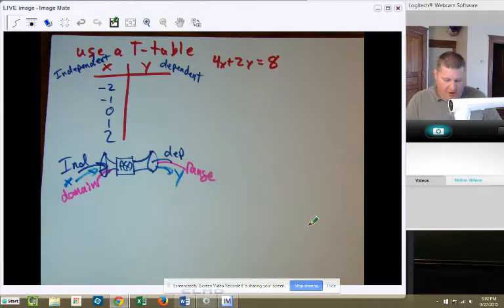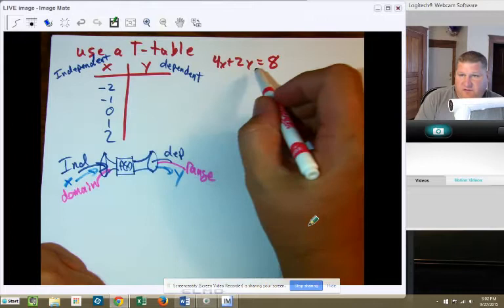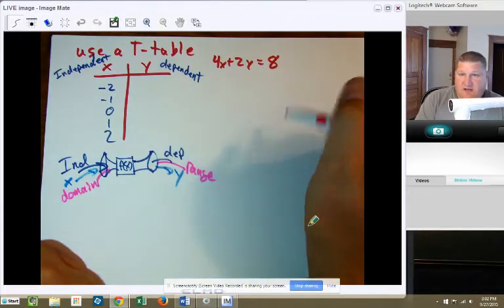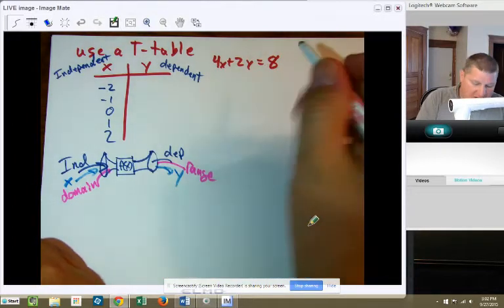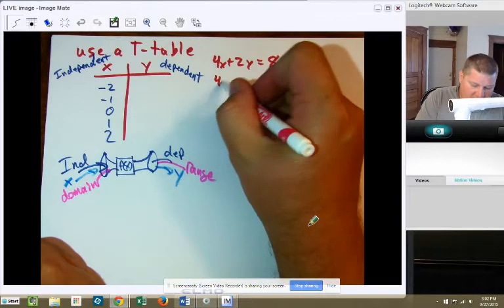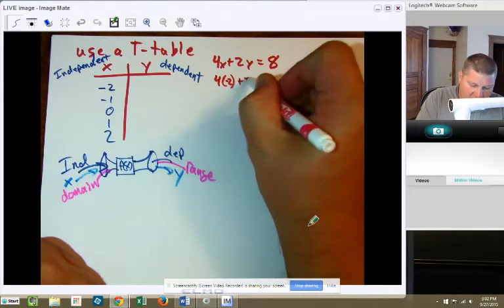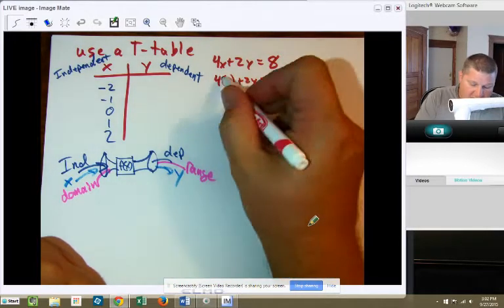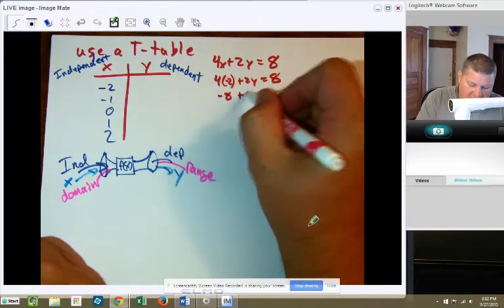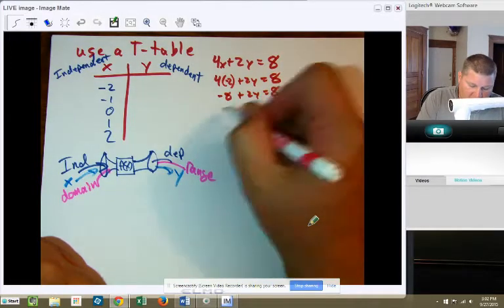Now, the problem here is we have 4x plus 2y equals 8. That's a fine equation. However, if I try plugging in 4 times -2 plus 2y equals 8, I now have to solve this every single time.